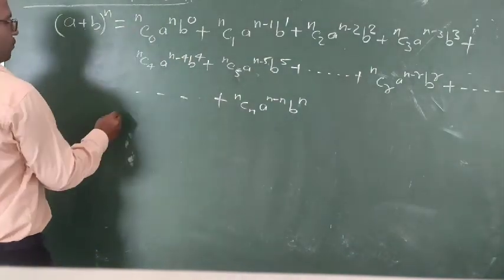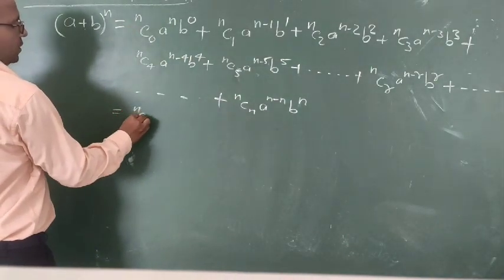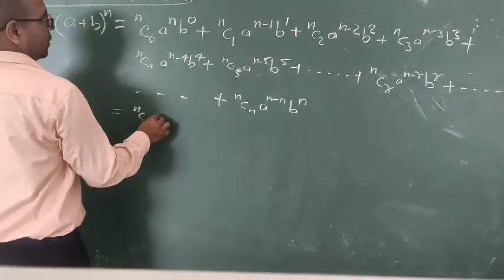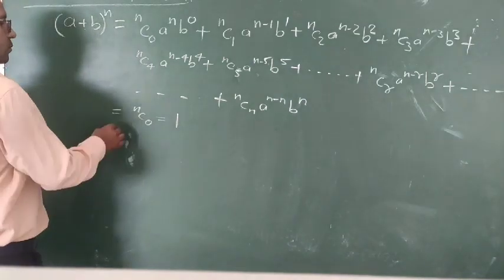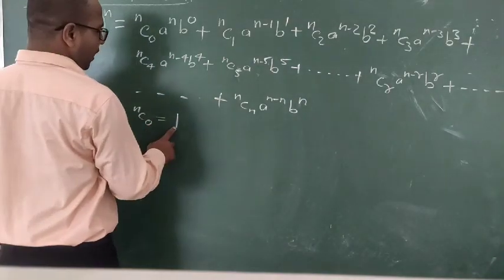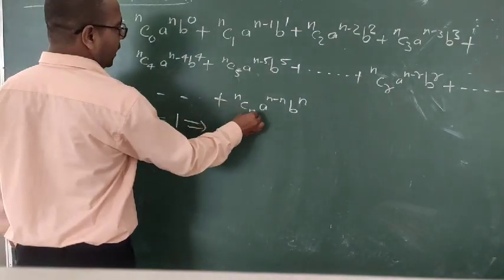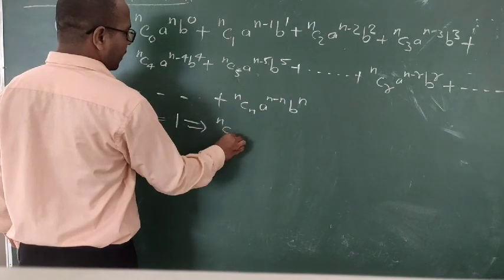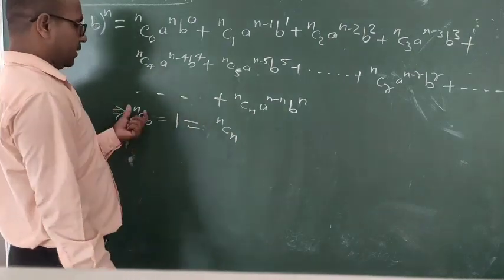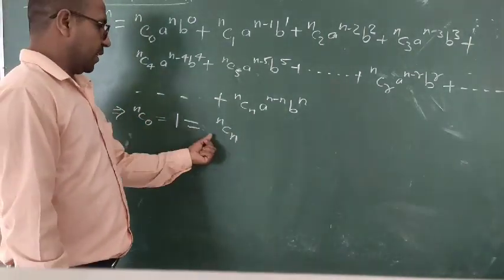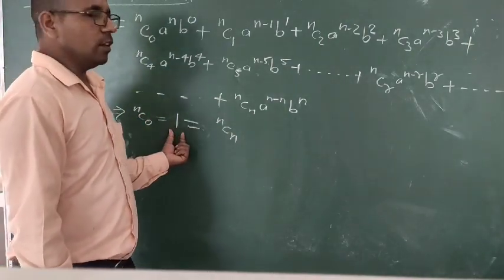As we have seen, this is the formula. nC0, its value is 1. And the same value for nCn also, its value will be equal to 1 only. nC0 value is 1, nCn value is also 1.